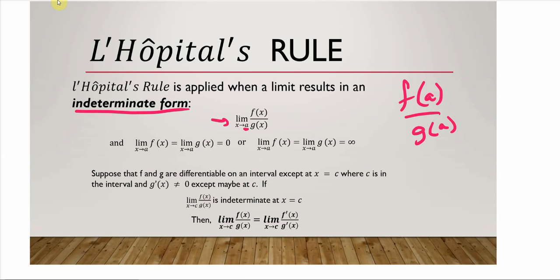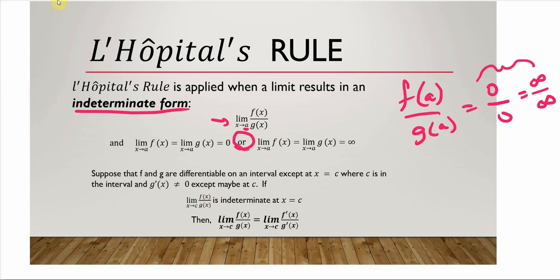And what they're going to say is, if I plug it in, I'm going to get 0 on top and 0 on the bottom, or I'm going to get infinity over infinity. So these are the two indeterminate forms that I'm going to have.